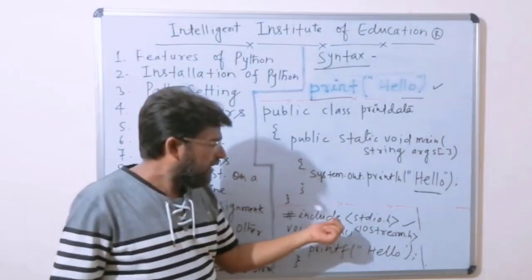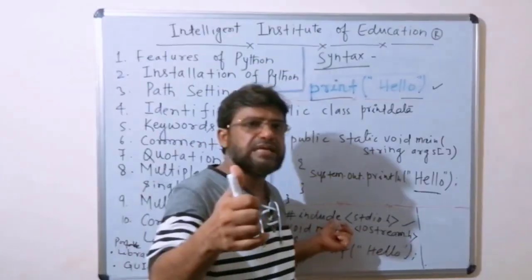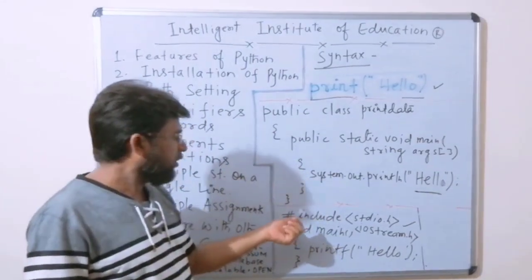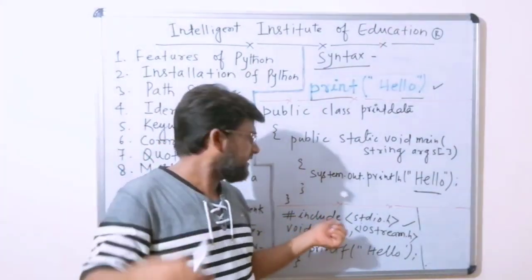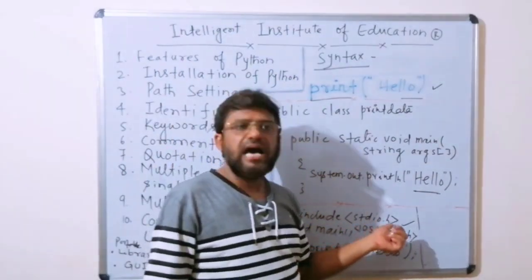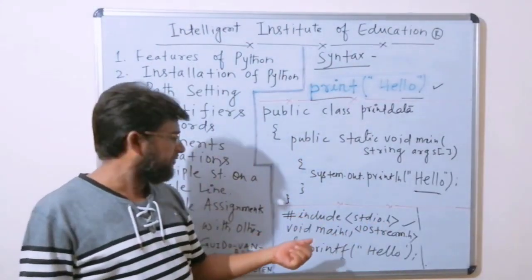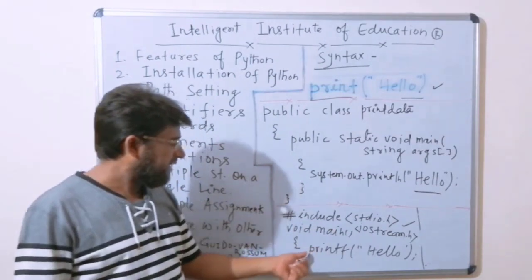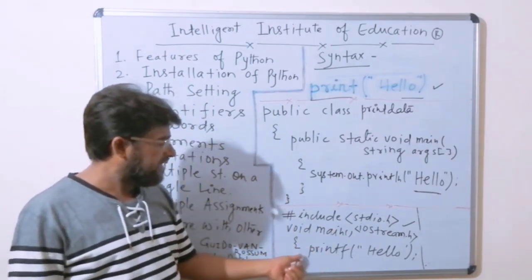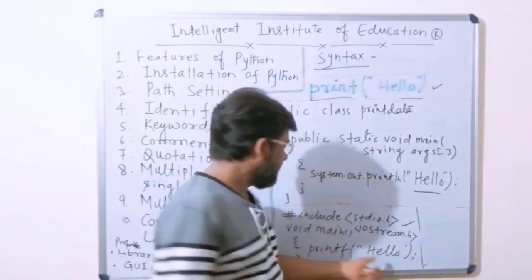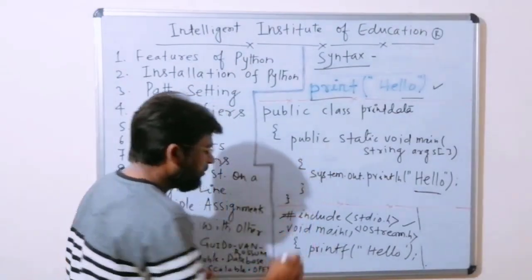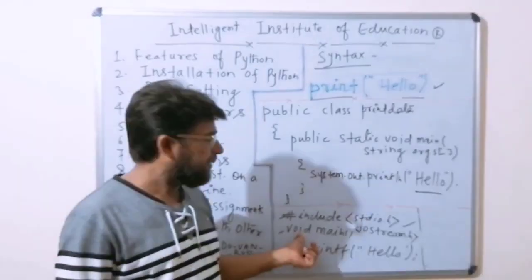Second, I want to compare with C and C++. Here also we have include, in C we have to write stdio.h, which means the standard input output header file, then void main, and finally within braces printf hello. It means this also uses a 3 line statement.